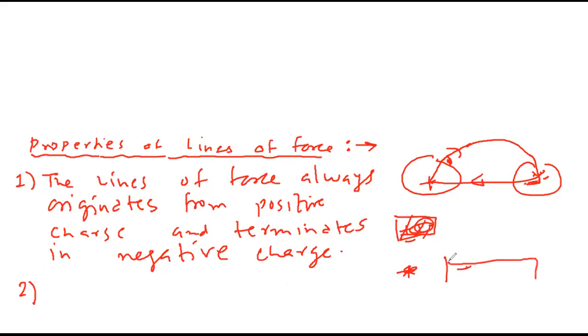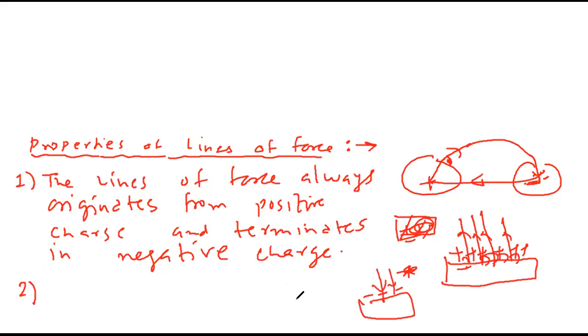Suppose this is a conductor and here we have positive charges. So the line of force will start from this positive charge, but always perpendicular, not inclined. If it is a negative charge on the surface, it will come inward, but perpendicular. Spherical surface है, तो radially outward or radially inward, so that it becomes perpendicular.